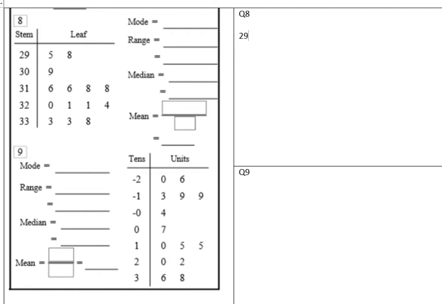So first number is 295 and 298, 309, 316, 316, 318, 318, 320, 321, 321, 324, 333, 333, 338. So that's our data set. So that is the data from here.